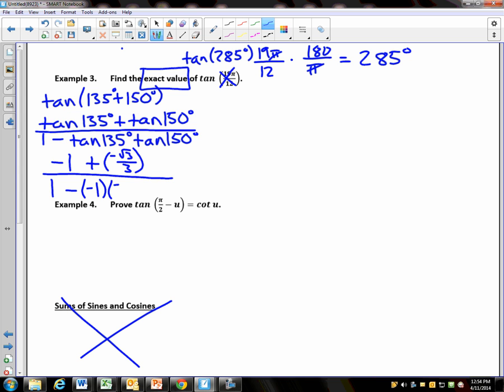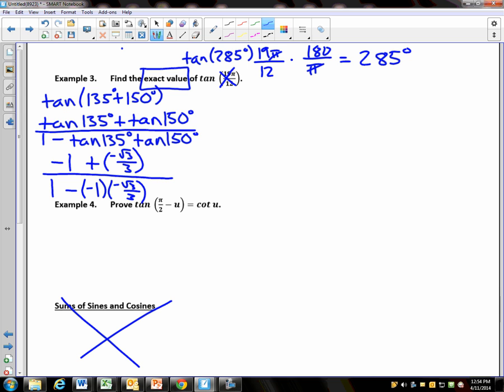And 150 was negative root of 3 over 3. That's our fraction. So the trig is done, isn't it? Now it's algebra. Okay? Trig is done. Now we're doing algebra.